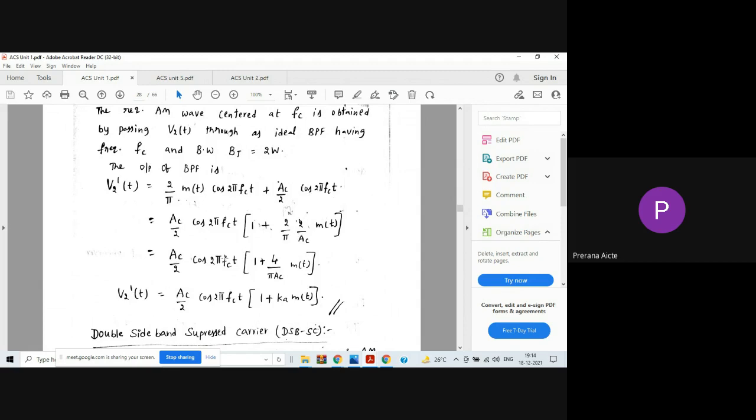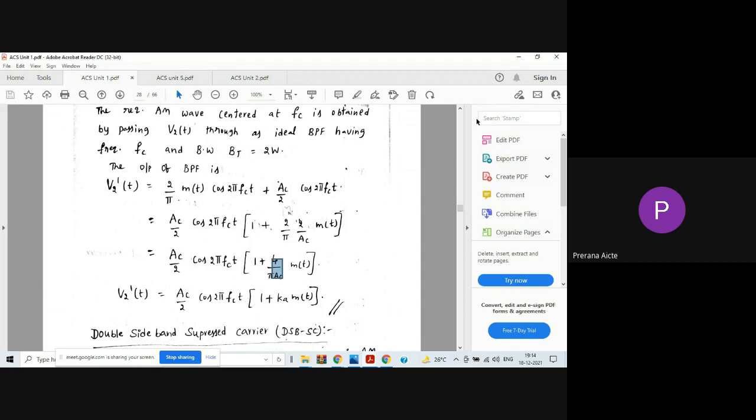So we simplify the analysis, so that what we are getting is AC by 2 cos 2 pi fct into 1 plus 4 by pi AC m of t. If we assume this term as Ka, how does this equation appear? Same, right? S of t equal to AC into 1 plus Ka m of t cos 2 pi fct, which is nothing but our amplitude modulation.